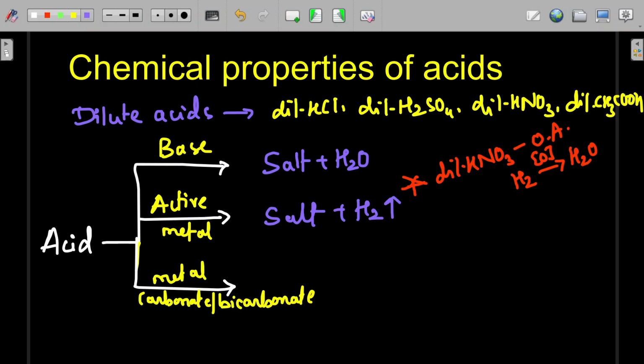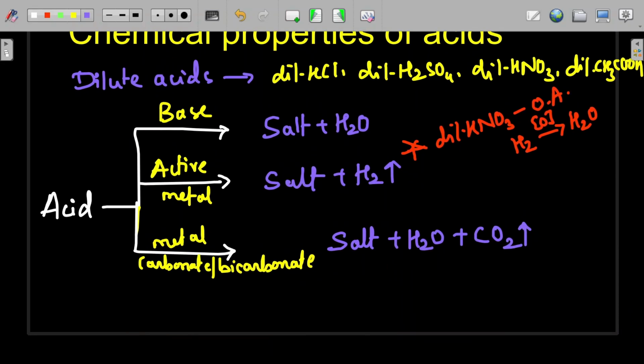When it reacts with acid, you will get the respective salt and water. The gas released here is carbon dioxide. That carbonic acid will not be stable, hence we don't write it as carbonic acid. We will split and write it as H2O and CO2.